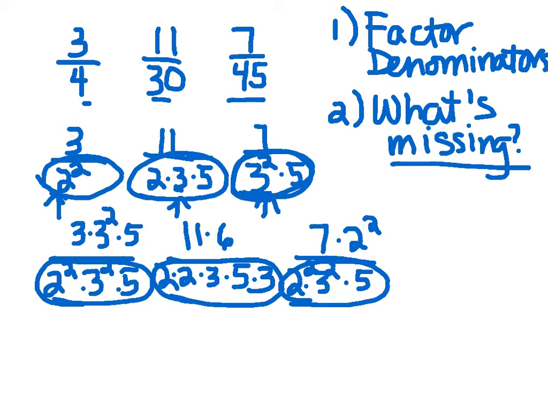That's what I mean by what's missing. If you multiplied it out, it is 180, and it's really not that hard to see, but it's easier to proceed if you factor it.